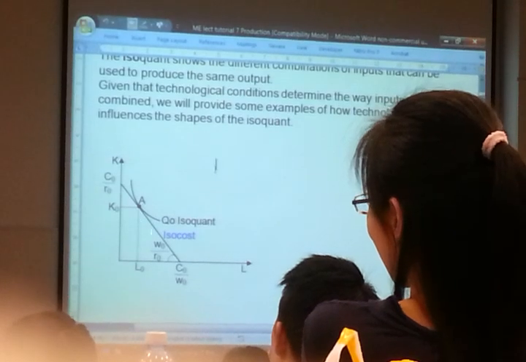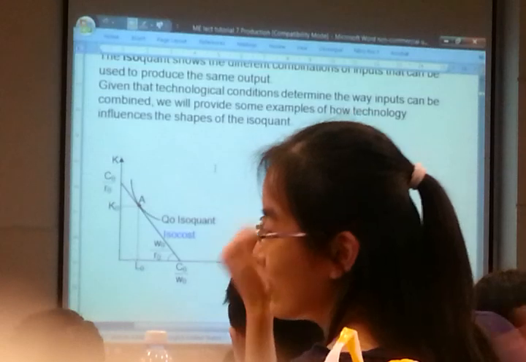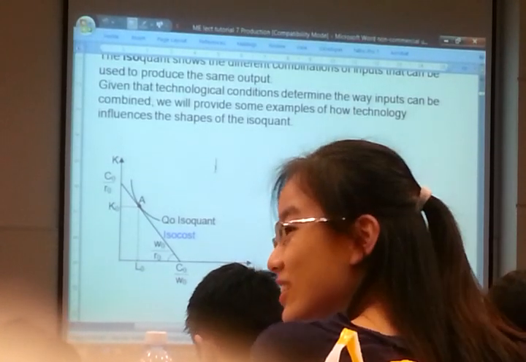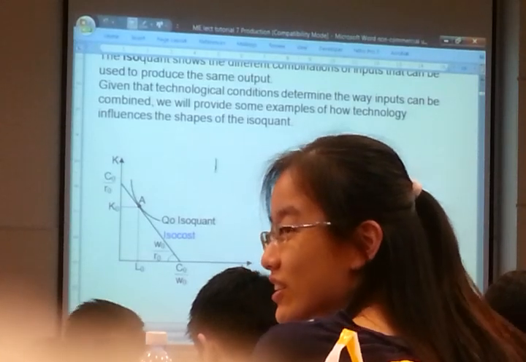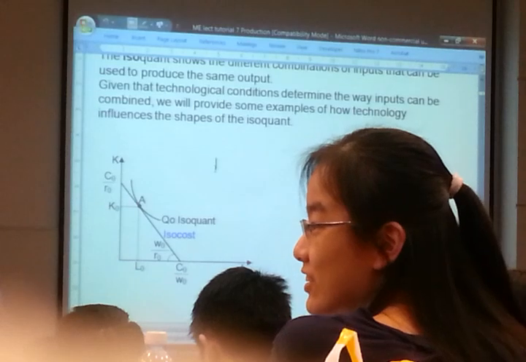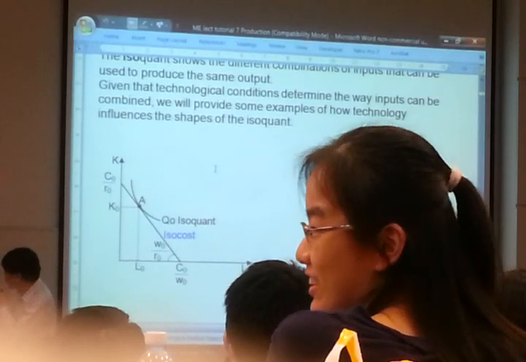Understand? So therefore maximizing quantity, output. Why? Because if you are maximizing quantity, you see, profit is equal to what? Total revenue minus total cost, right? The total cost is equal to average cost times quantity.